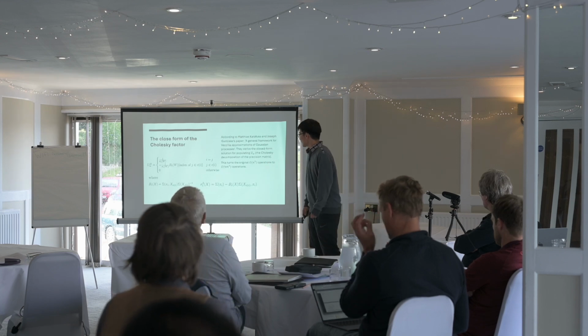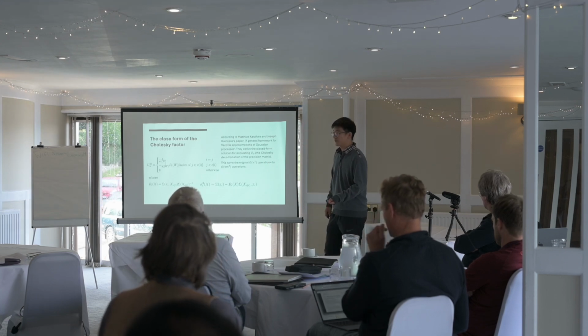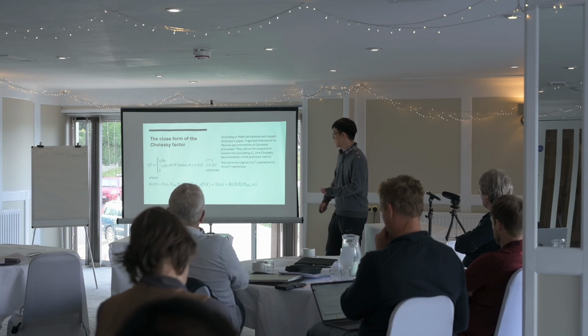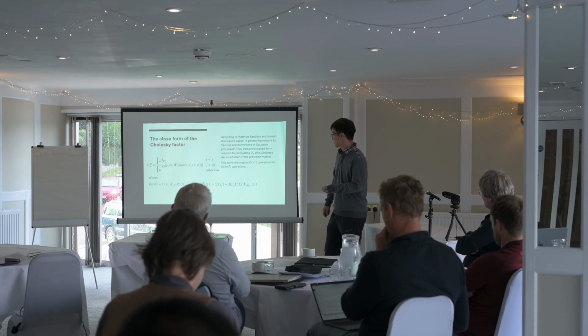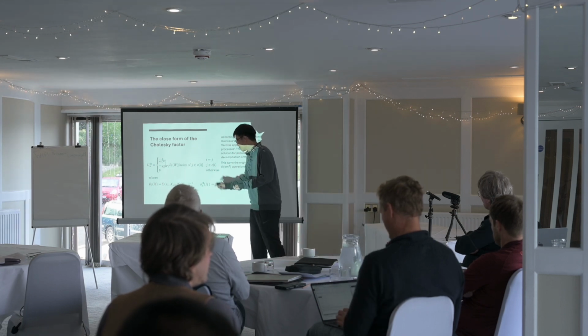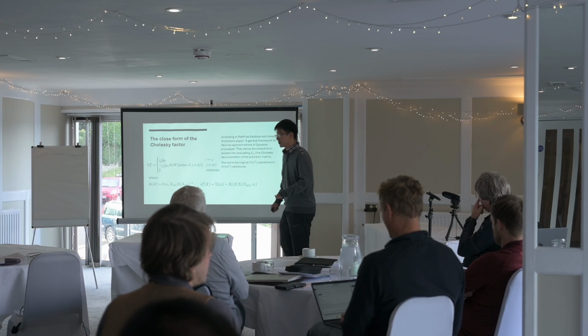And Matthias Katzfuss and Joseph Guinness, in their paper, A General Framework for Vecchia Approximation of GPs, derived a closed form solution for populating U, which is the Cholesky decomposition of the precision matrix. As you can see here, now we only have to do a much smaller matrix inversion computation.